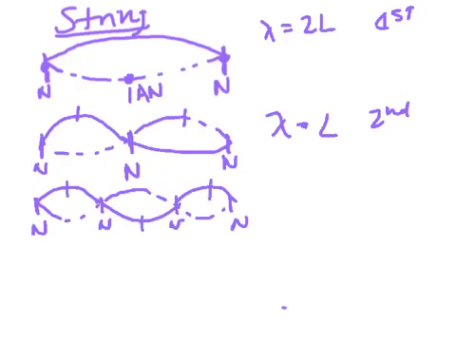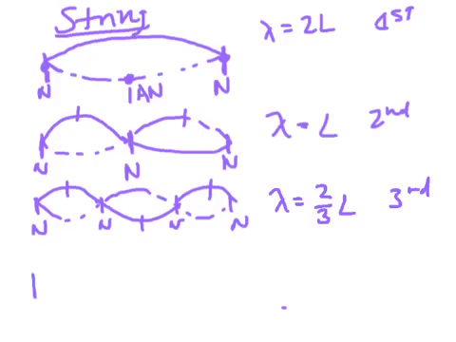Notice that given this is the length of the string from this point to this point, the wavelength of the standing wave is this portion right here. So if you look, you have 1, 2, 3 chunks of this wave. 2 out of those 3 chunks represent a wavelength. So our wavelength can be represented by 2/3 of that length. And this is the third standing wave that we see.